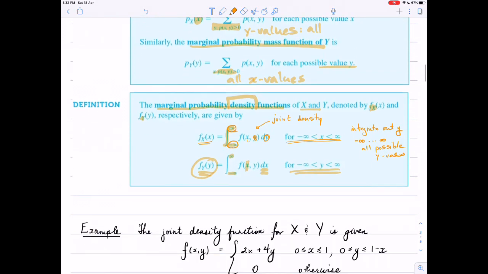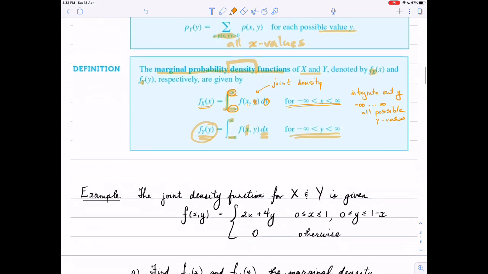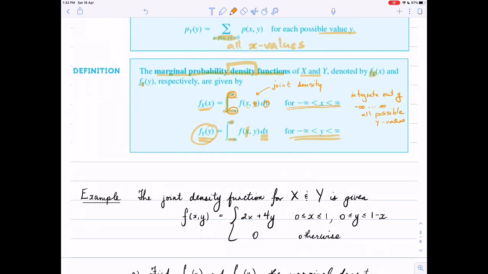Let's look at an example for the continuous case. Let's say that we are given a joint density function for variables x and y, given here as f of xy is 2x plus 4y over the region where 0 is less than or equal to x is less than or equal to 1, and 0 is less than or equal to y is less than or equal to 1 minus x.